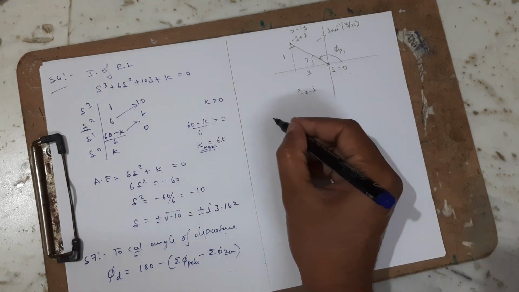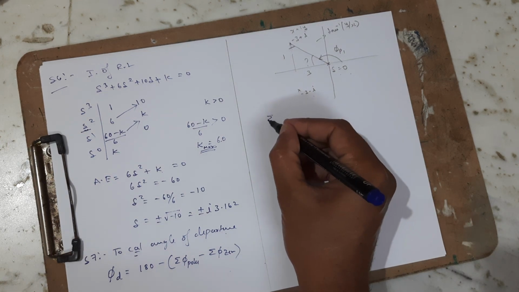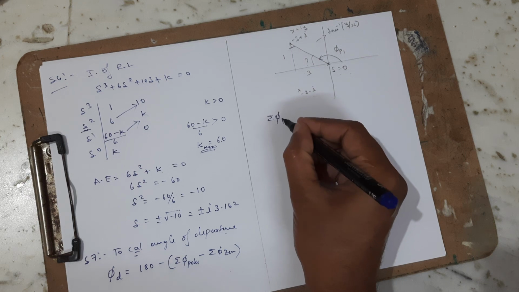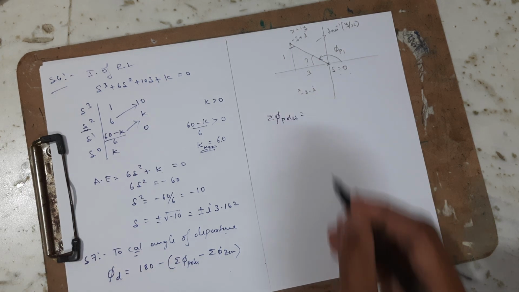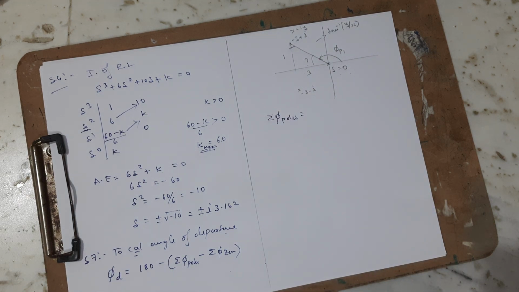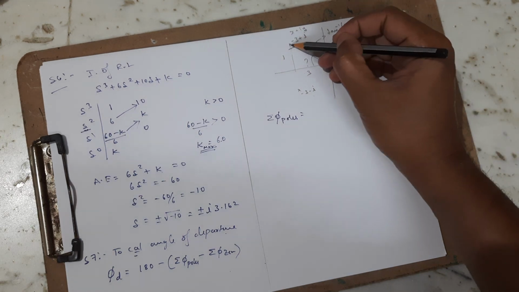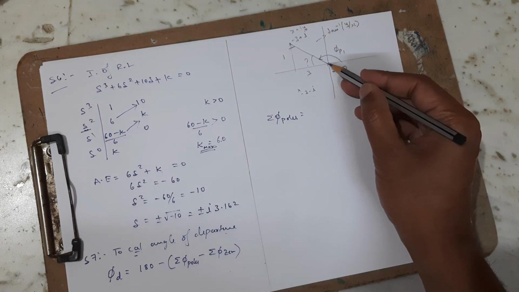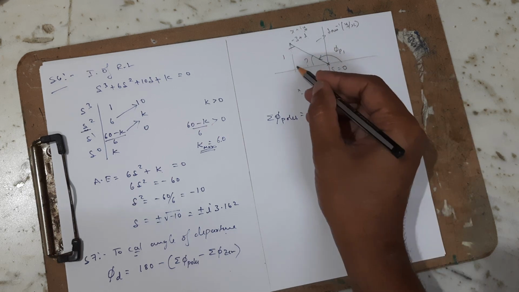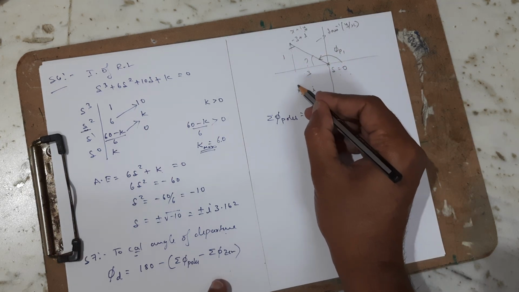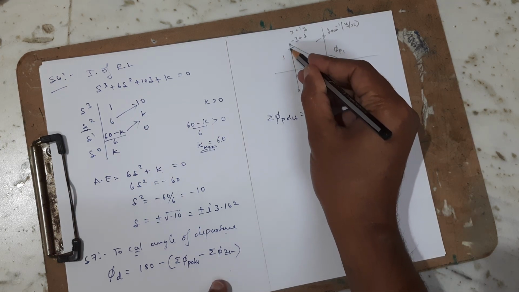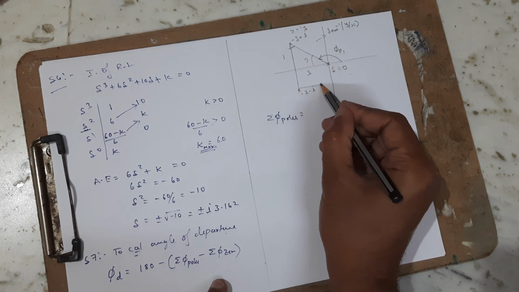So the summation of phi poles is equal to, apart from this pole, I have two other poles. This is our first pole and this is another pole. I am going to draw a line from here to here. So what is the angle from this to this?